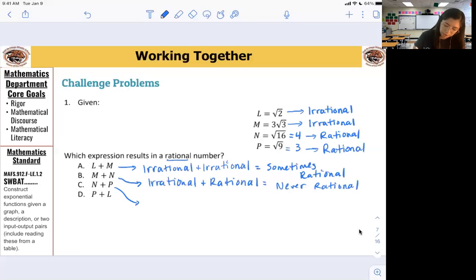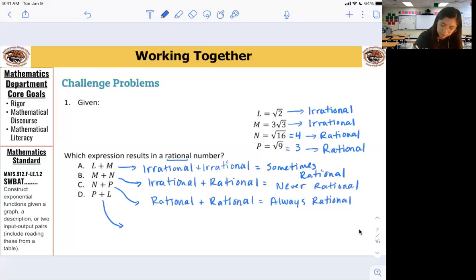How about this one? N plus P. So rational plus rational. It's rational. Always rational. Good. That looks good so far, but let's just double check the last one.